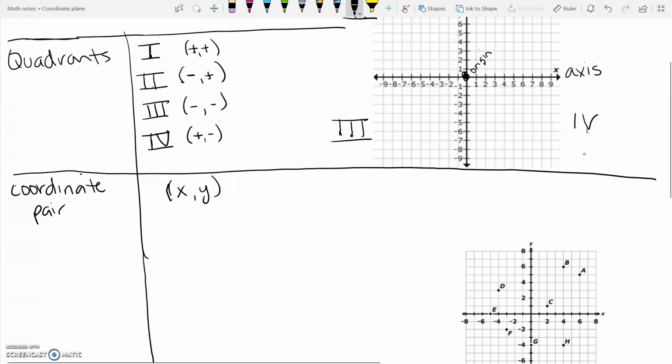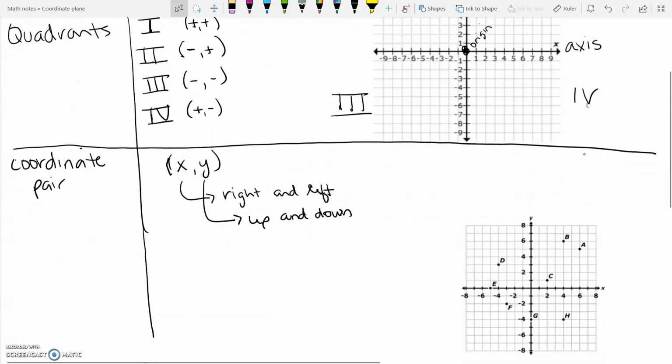So basically x means right and left, and y means up and down. And we're going to use those directions in order to get from one point to another. So being able to explain to me how to start from the origin and plot a certain point. All right, so those are some basic overview of what we were doing.